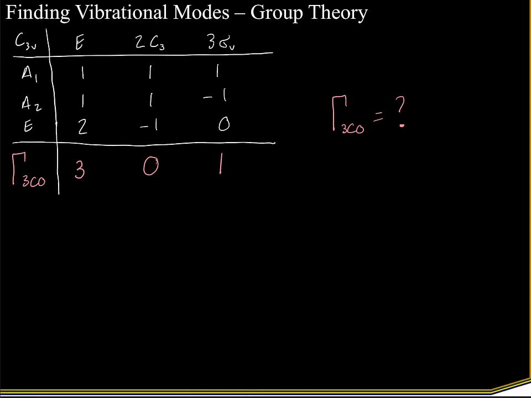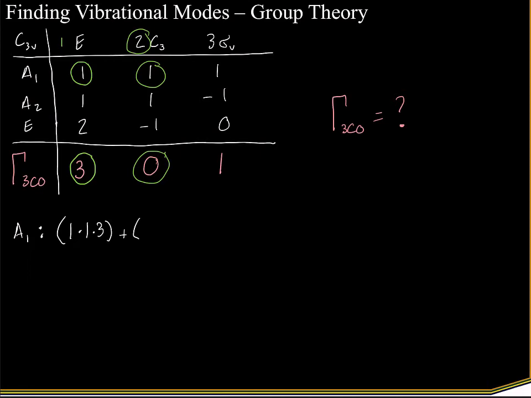And so we can go through our same method as last time. We can count our A1s that are contained, and we take our class order. So for the identity, it would be 1. If we're checking for A1, we would multiply the character of our character table times the character of our reducible representation. So that means that we end up with 1 times 3. And we're going to continue down the line. So that means we would take 2 times 1 times 0.